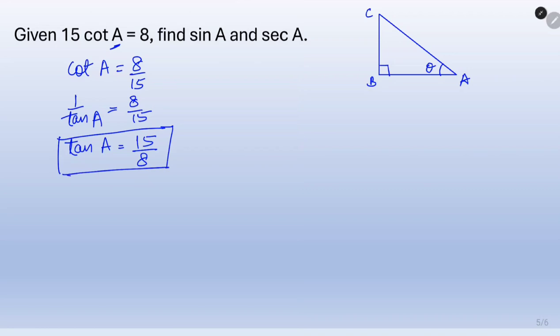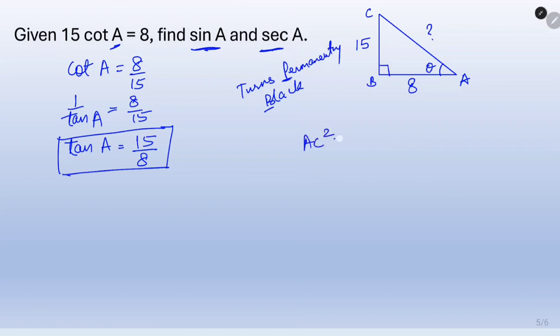Tan A will be perpendicular 15 upon base 8. So we don't have AC, but we need it to find sin A and sec A, since we need the hypotenuse.